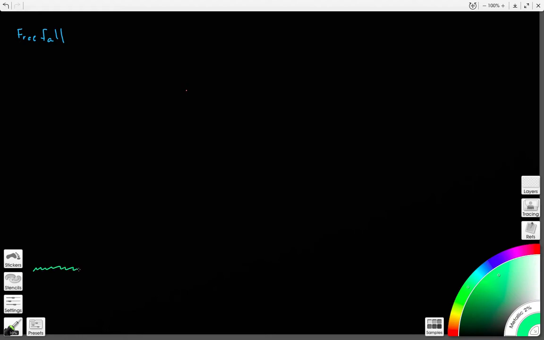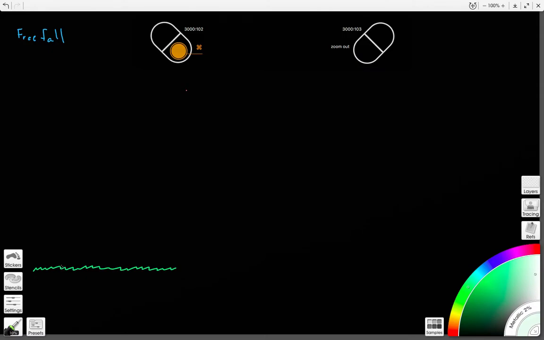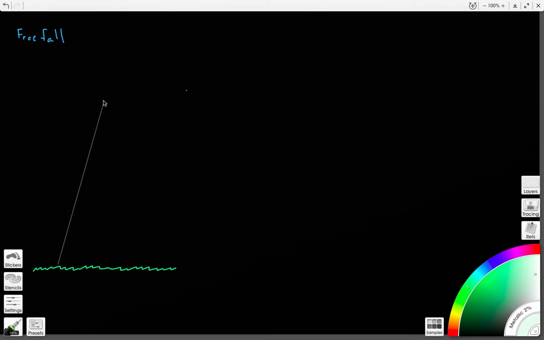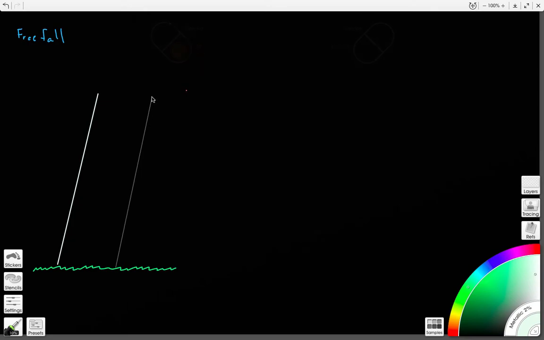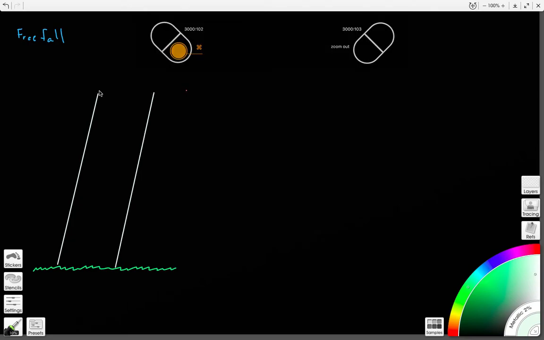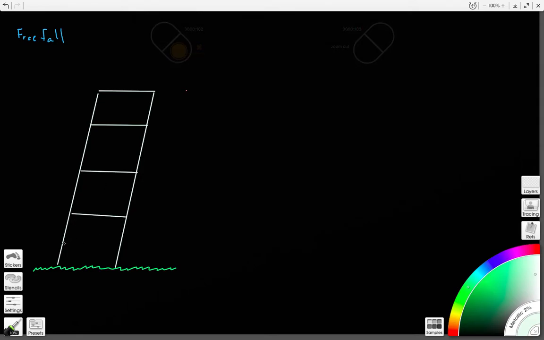So grass is right here. We have grass. And I'm gonna get artistic, by the way. Let's see, something like that, and then something like that, and then something like this, and the different levels, and different columns.